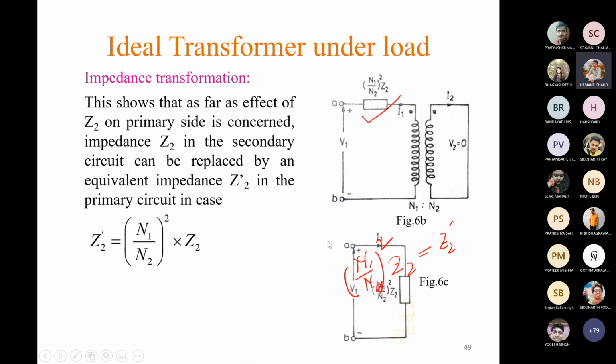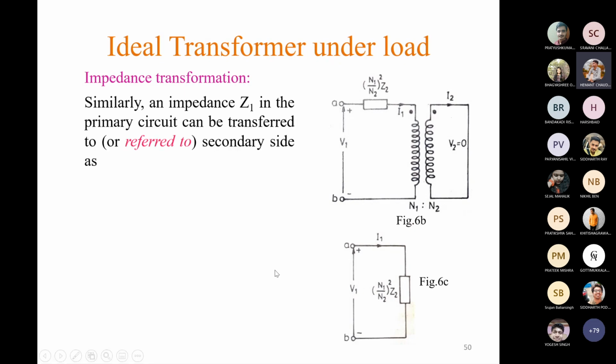Okay, and same way we can refer any impedance from primary to secondary. So here Z1 dash will be Z1 into N2 by N1 whole square. Why N2 by N1? Because we are referring the impedance to secondary.